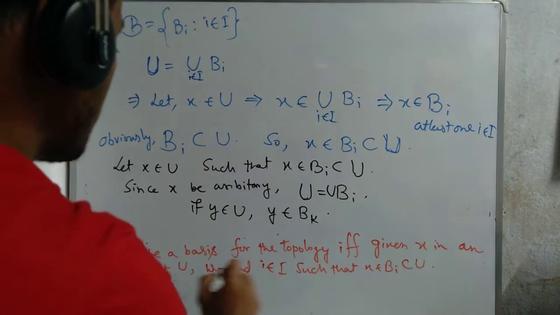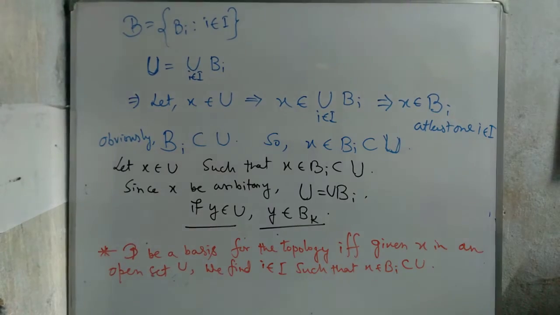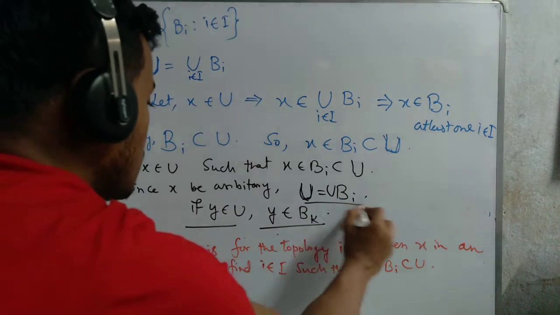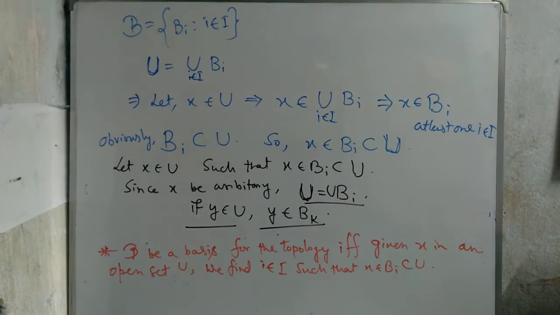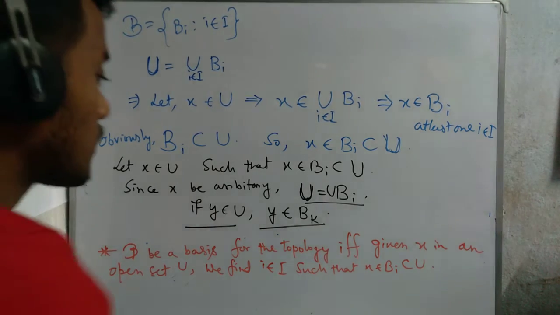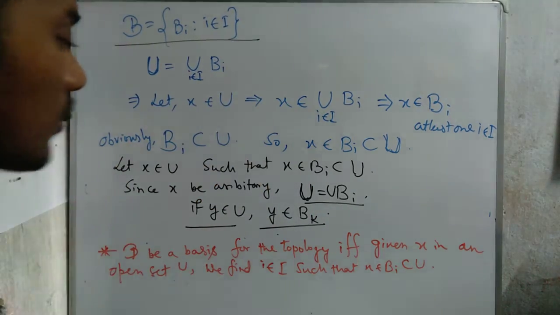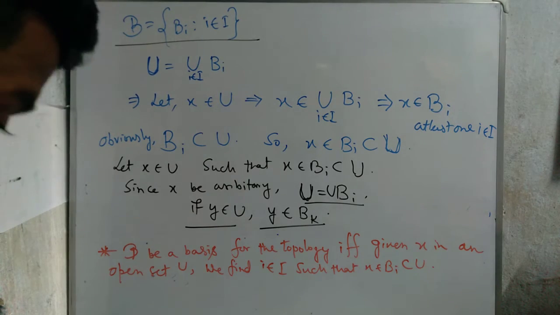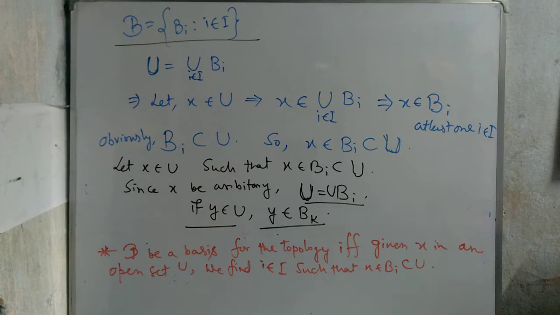In this way any element belongs to some set, so this U must be written as the union of B_i. Then we also write that this script B is a basis for U, or for the topology. And obviously U is the union of some collection of B_i, so this is a basis for this topology.